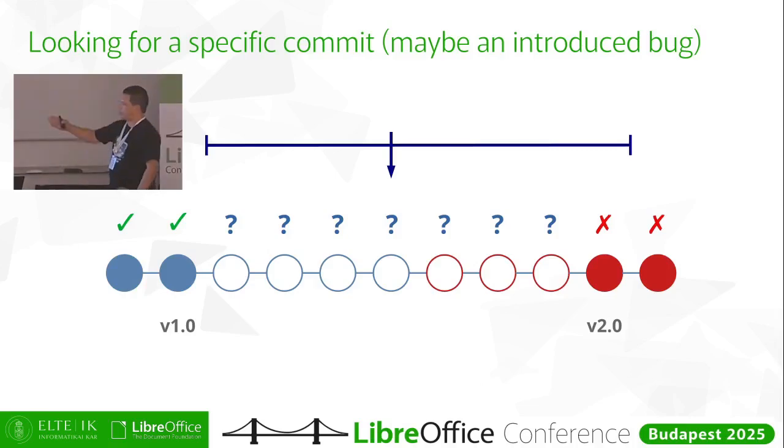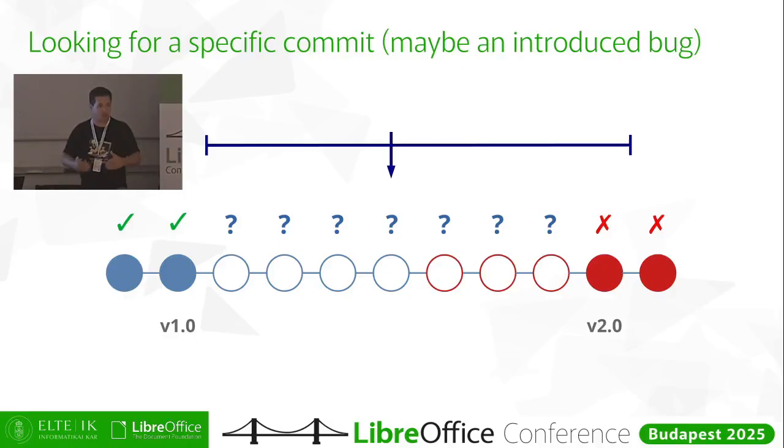So in this case, the blue circles are for commits that behave in an old way, and the red circles are for commits that behave in a bad way. The ones that are filled in are behaviors that we already know, and the ones that are hollow mean that we need to figure them out. We don't know. It's here for explanation purposes only. We're going to look for the first changed commit.